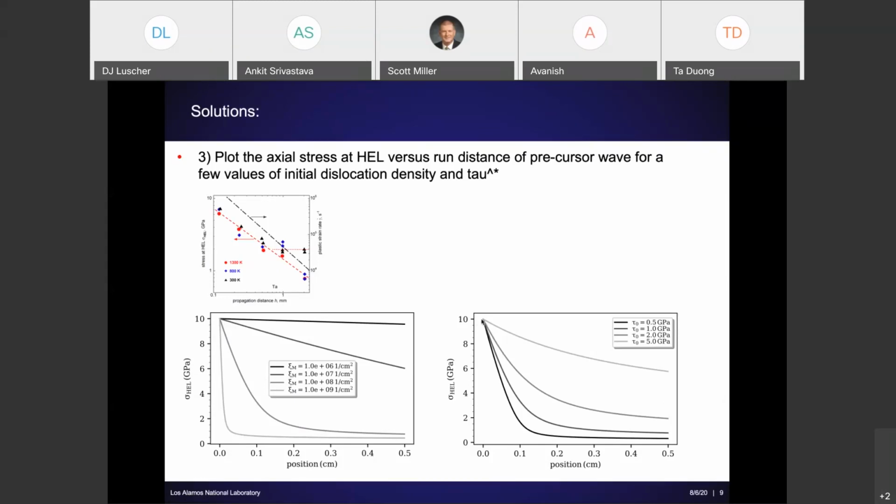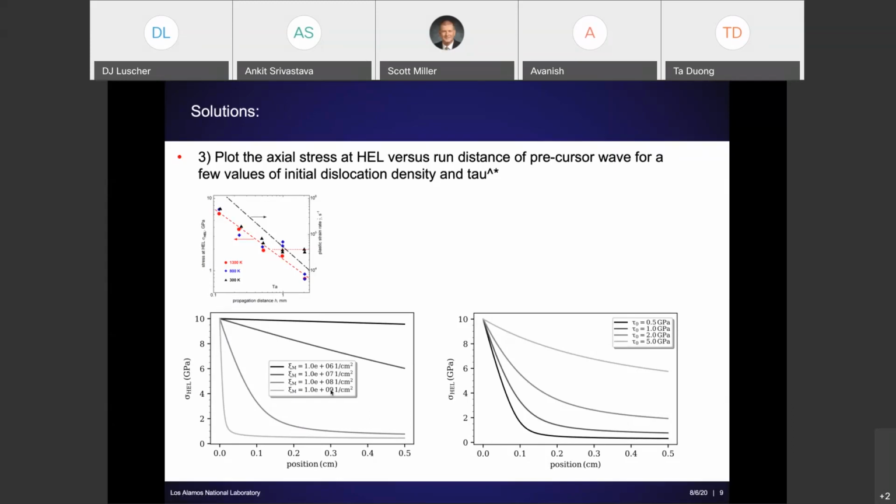I'll open up the Python script where I solved that. But what I want to do is look at the solution first and how it depends upon these two different parameters. So what we see is that the rate of decay of the axial stress at the Hugoniot elastic limit increases as we increase the availability of mobile dislocations.